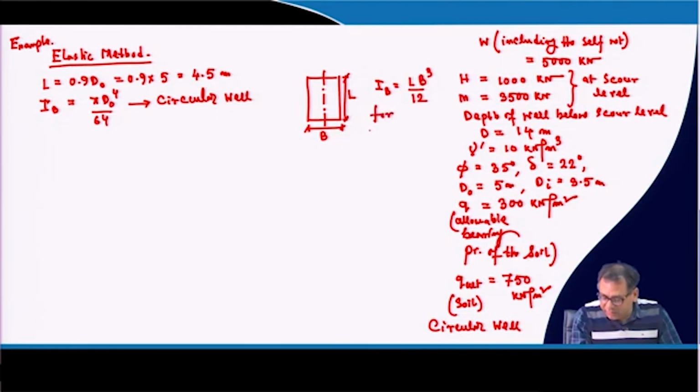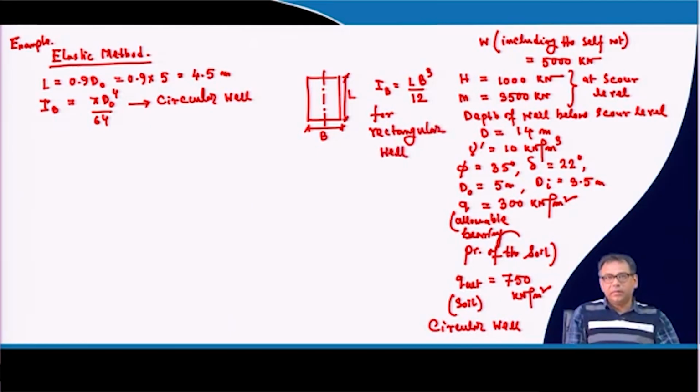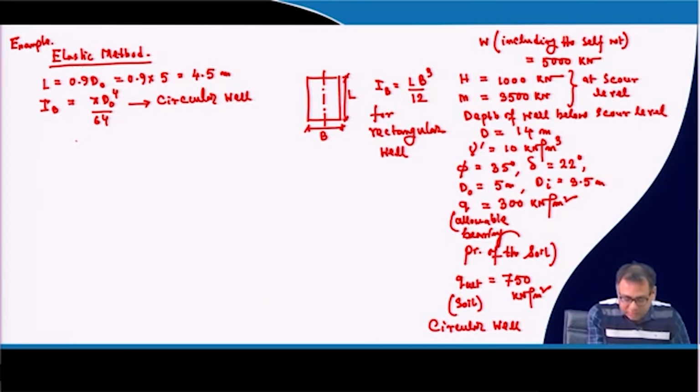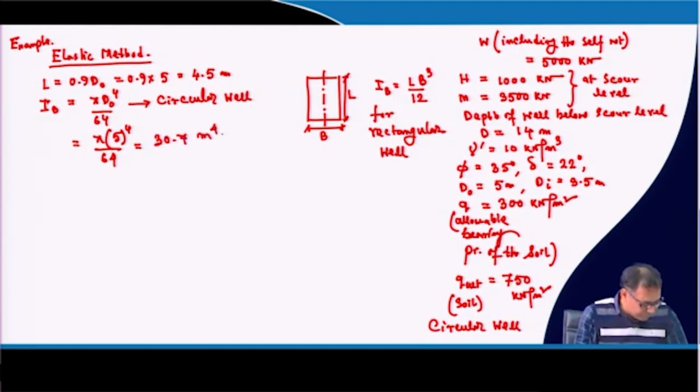This is for rectangular well. Okay. Now, our case it is circular well. So, we will write pi 5 to the power 4 divided by 64. So, this is 30.7 meter to the power 4.